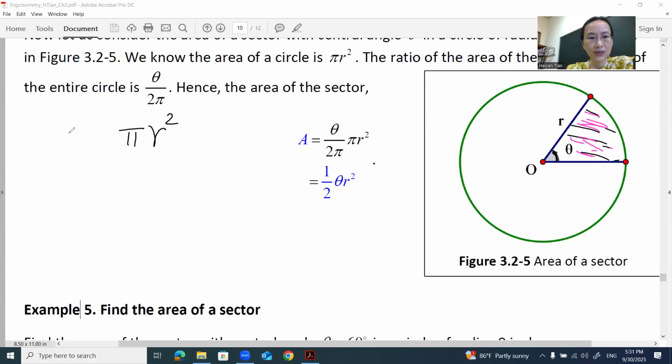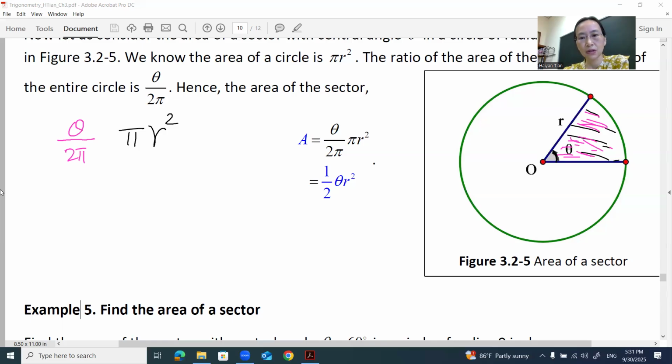So what percent? We use the angle corresponding to this sector, this central angle theta, in radians, over 2 pi, the complete rotation of the circle.